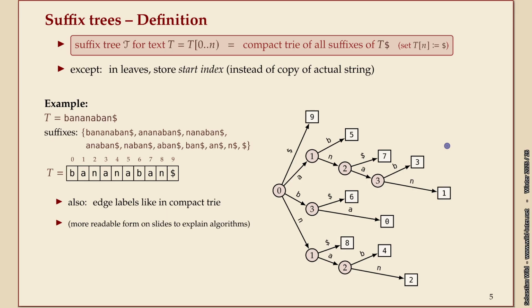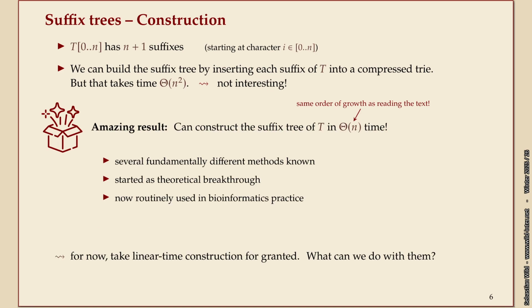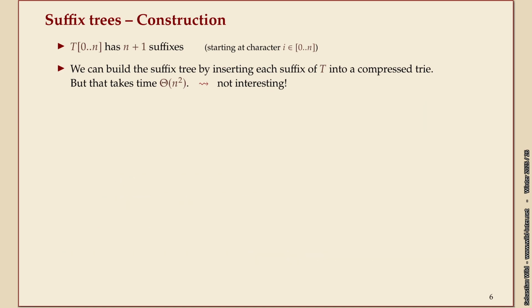Okay, so that's suffix trees. It's a simple definition. Just take a text and all the suffixes, and throw them into a trie. The tricky bit, as I said, is how to construct this efficiently. If you were to insert one of these suffixes after the other into a trie in the natural way, you take essentially constant time for each inserted character. But the total number of characters is quadratic because you have lots of long strings.